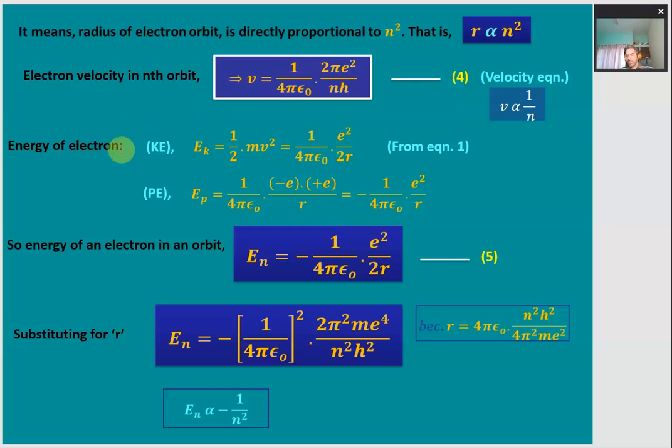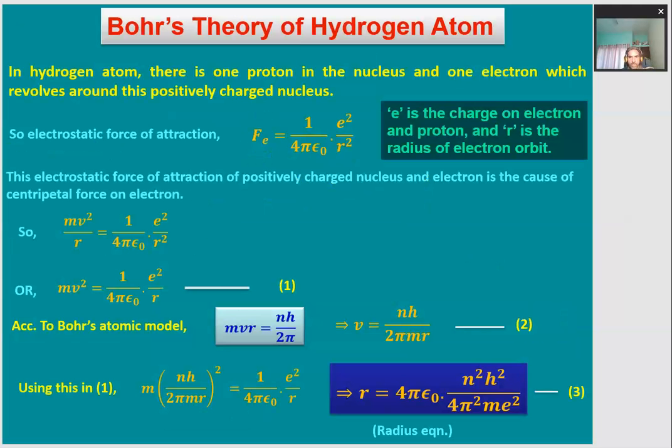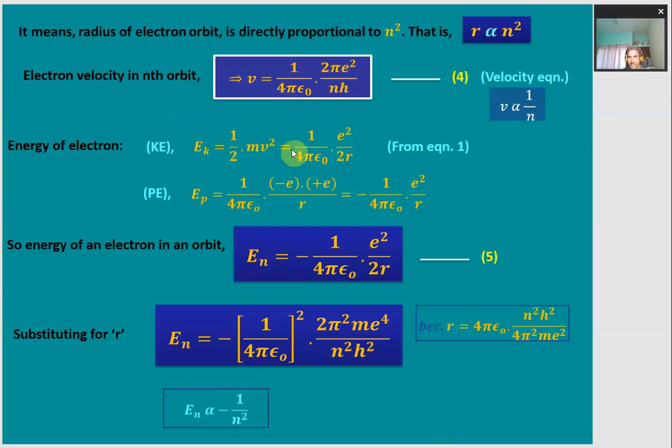So let us begin with the energy of the electron. The energy of the electron in any specific orbit comprises two parts: one, the kinetic energy of the electron, and two, the potential energy of the electron. The kinetic energy is given by half mv square, where v is given by the equation we found from the Bohr postulate.